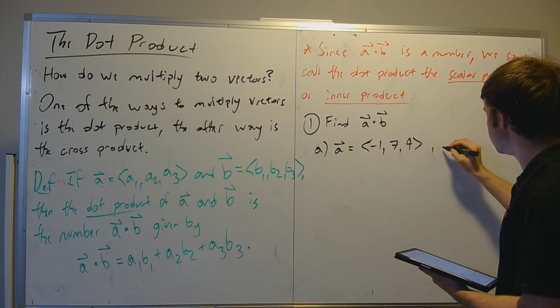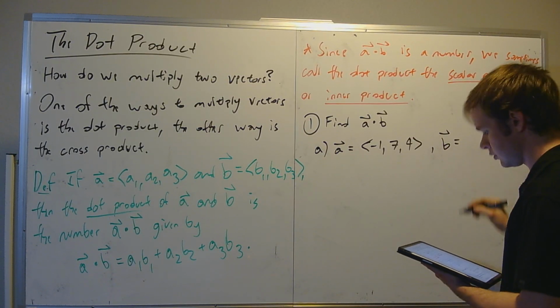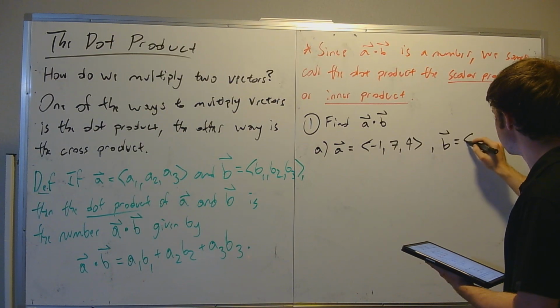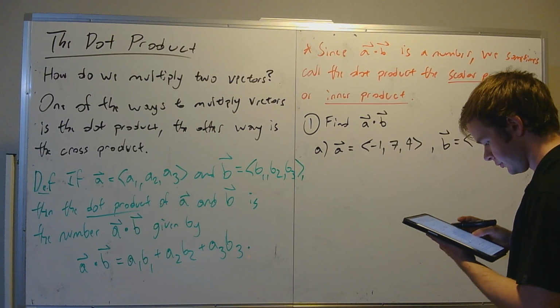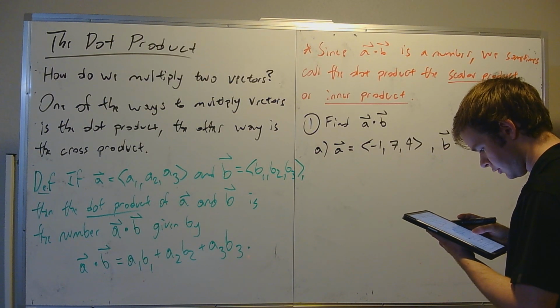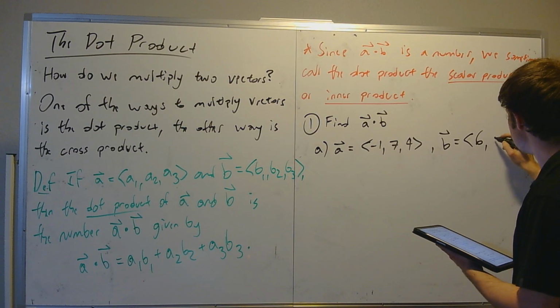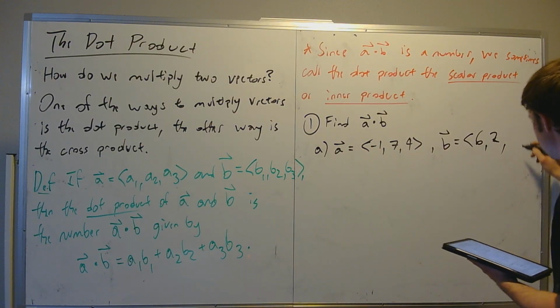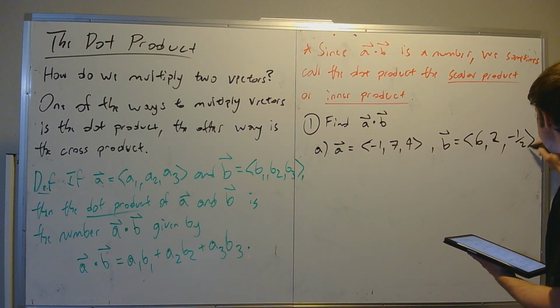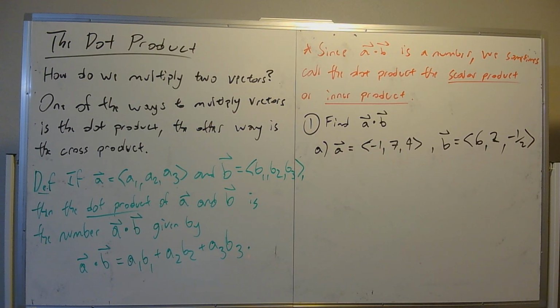And B equals 6 for the x component, the y component is 2, and the z component is -1/2. These are our two vectors, and we're trying to find the dot product of the two vectors.